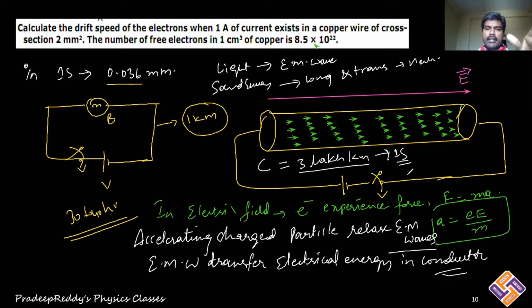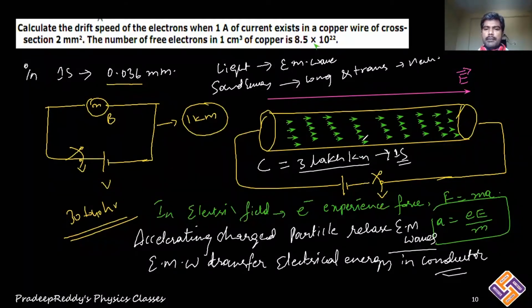So these are electromagnetic waves which transfer with speed equal to the speed of light. That is the reason why electrical energy in a conductor is able to be transferred with a speed equal to light speed. Therefore, when you switch on the bulb, even if it may be 10 kilometers away, within a fraction of a second that bulb glows, right? That is the actual reason behind the transfer of electrical energy within the conductor. So what is that reason? When you are connecting it to the battery, an electric field is set up.